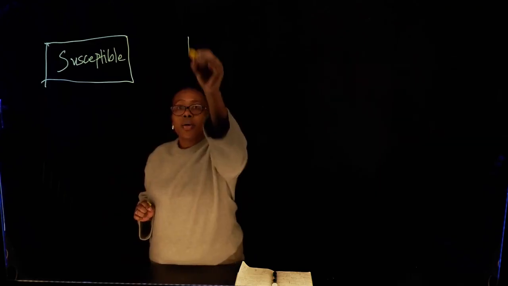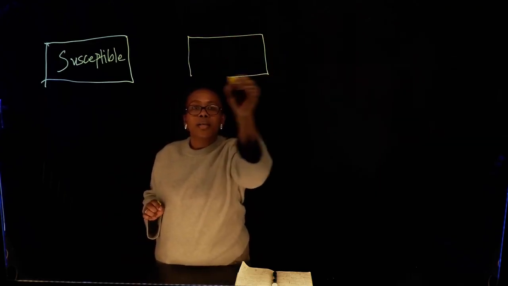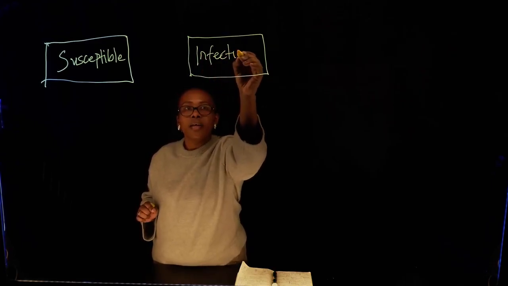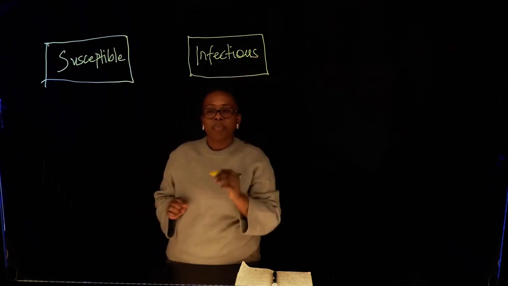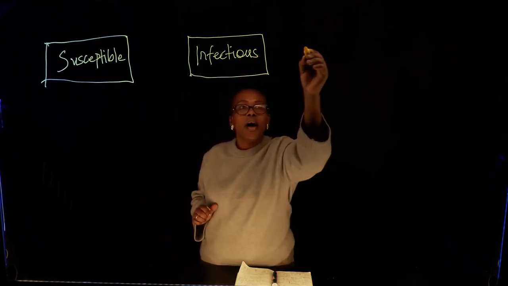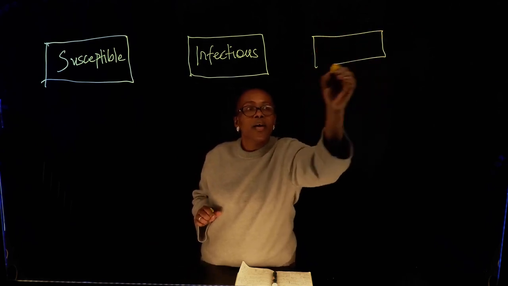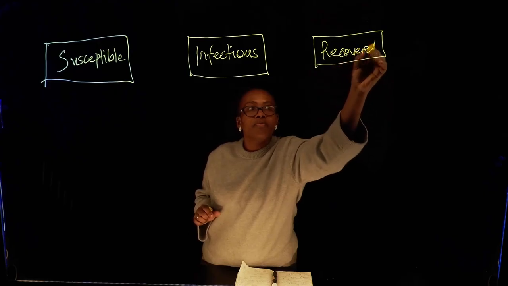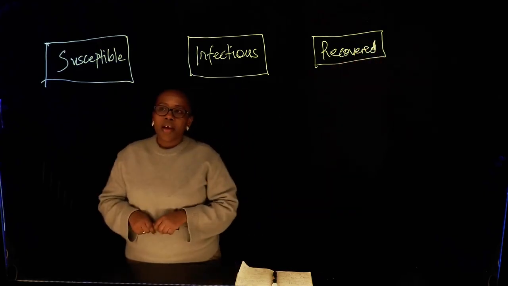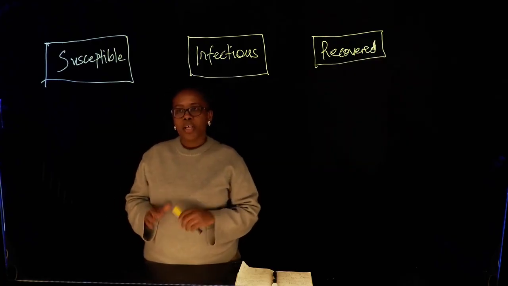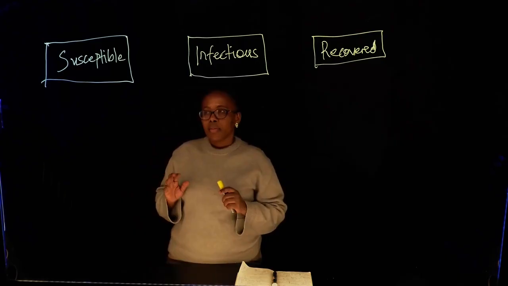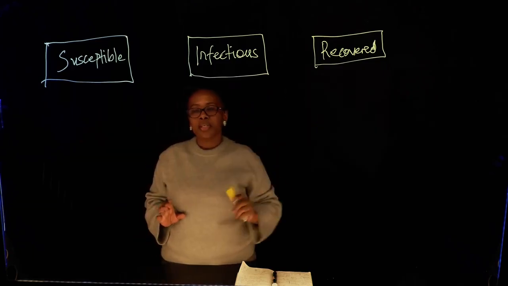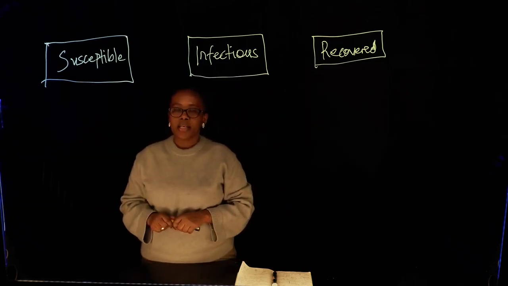And then it also has the infected, the infectious, and these are people who already have the disease. And then the recovered, and these are people who have recovered. So the SIR model divides the population into 3 compartments: the susceptibles, the infectious, and those that have recovered from the disease.